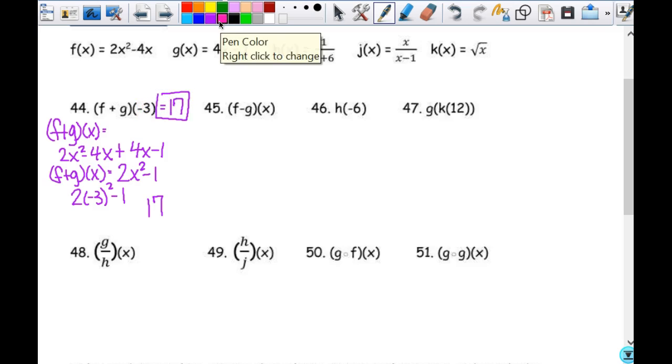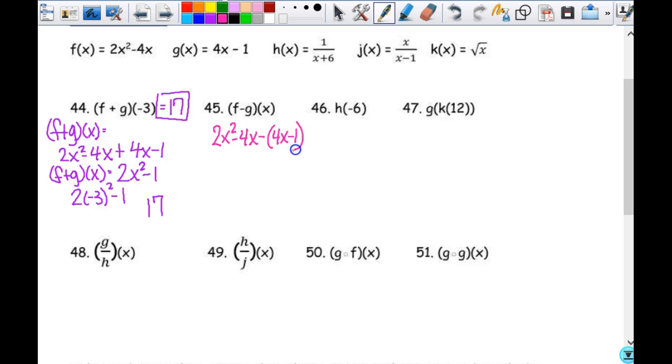So then f minus g of x. So that means I'm going to take f of x, which is 2x squared minus 4x, and then I'm going to subtract g of x, which is 4x minus 1. So I have to put that in parentheses.